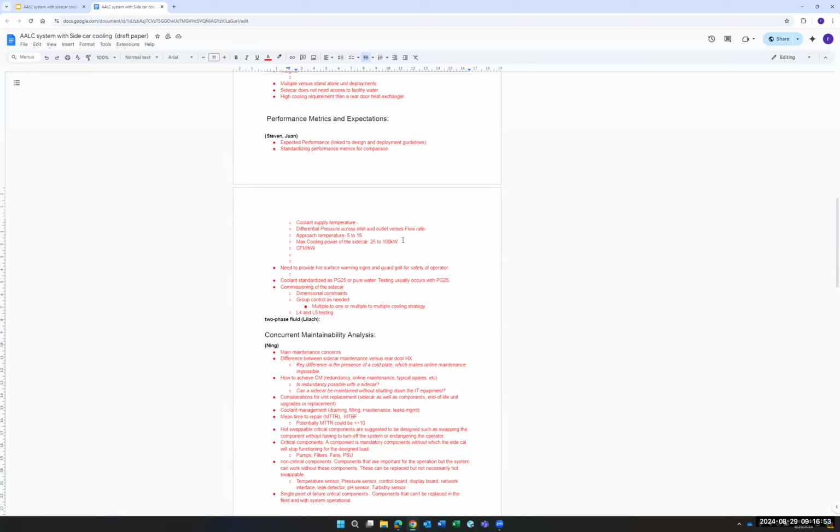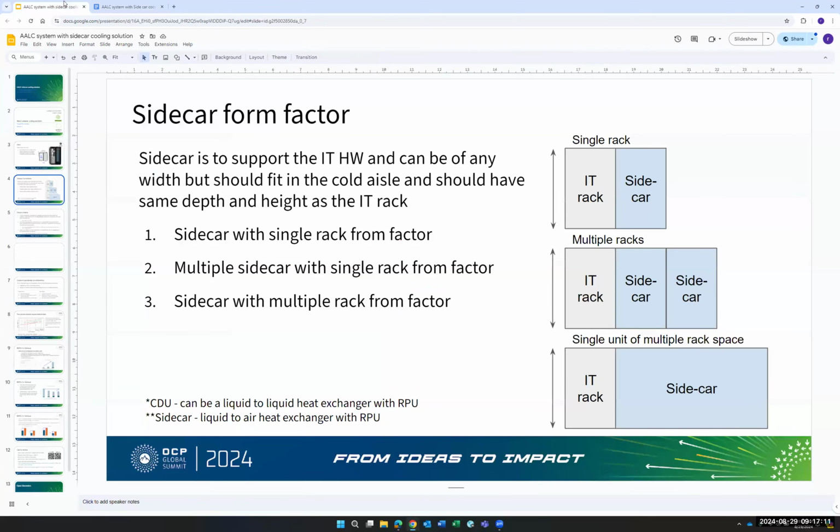I think, Rajesh, it might be good to define, because for liquid to air, I would assume the most critical dimensions are the width and the height. Depth, maybe you can fit a deeper heat exchanger, but it's diminishing returns, right?